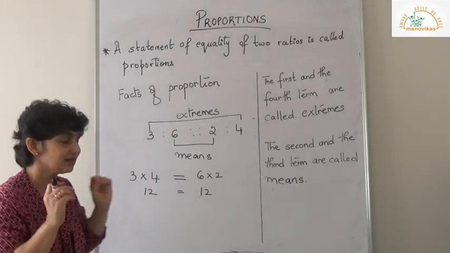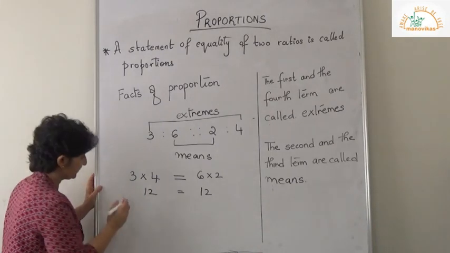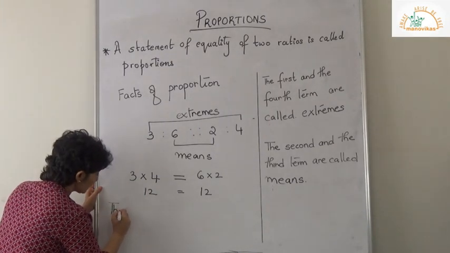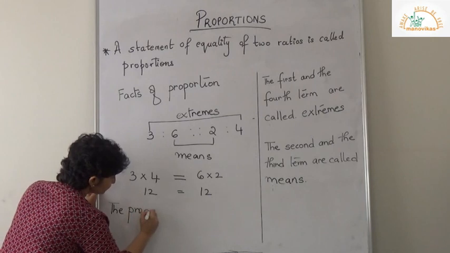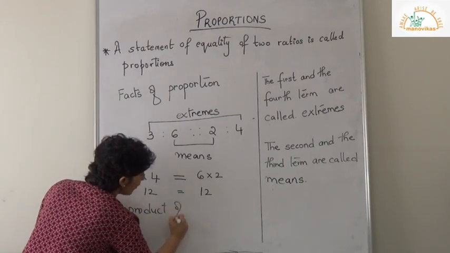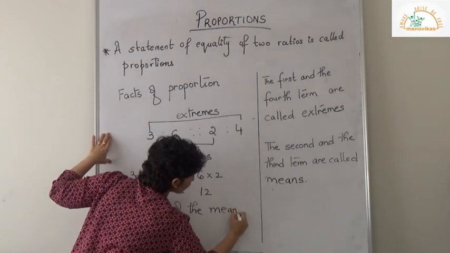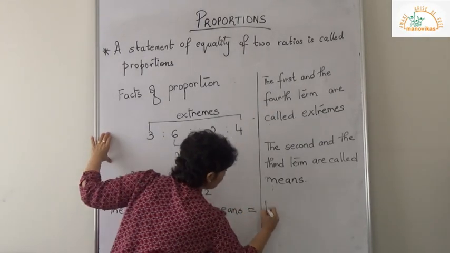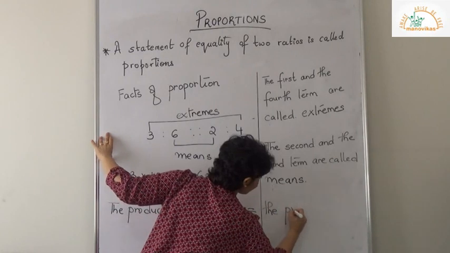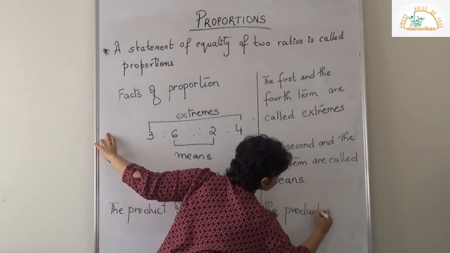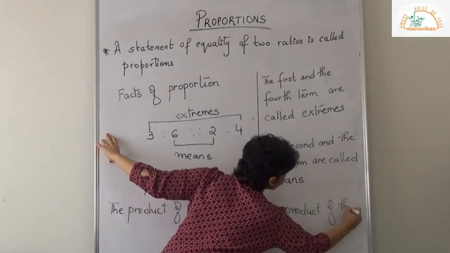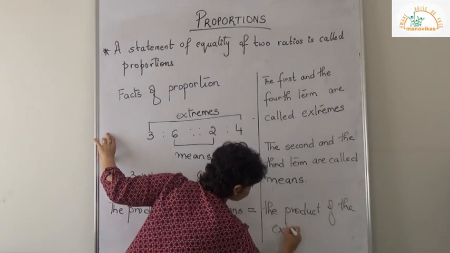So, what is the final thing I understand with this? The product of the means is equal to the product of the extremes.